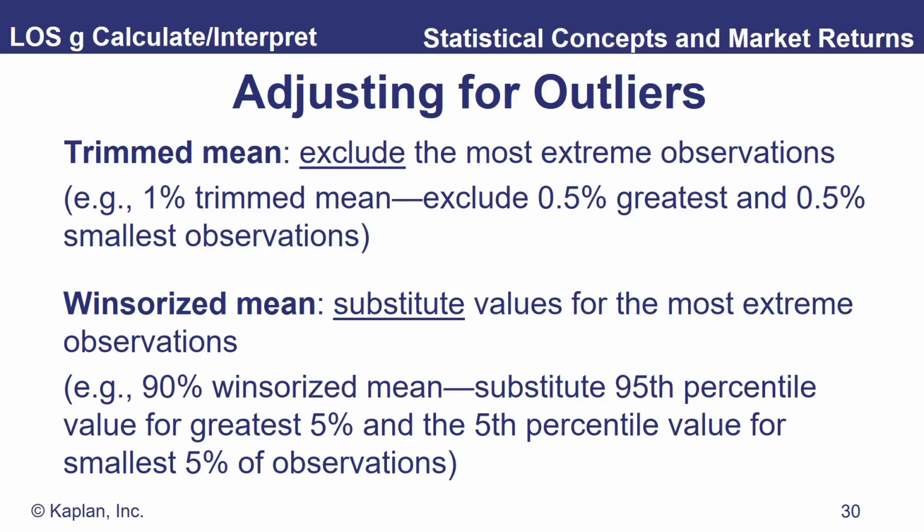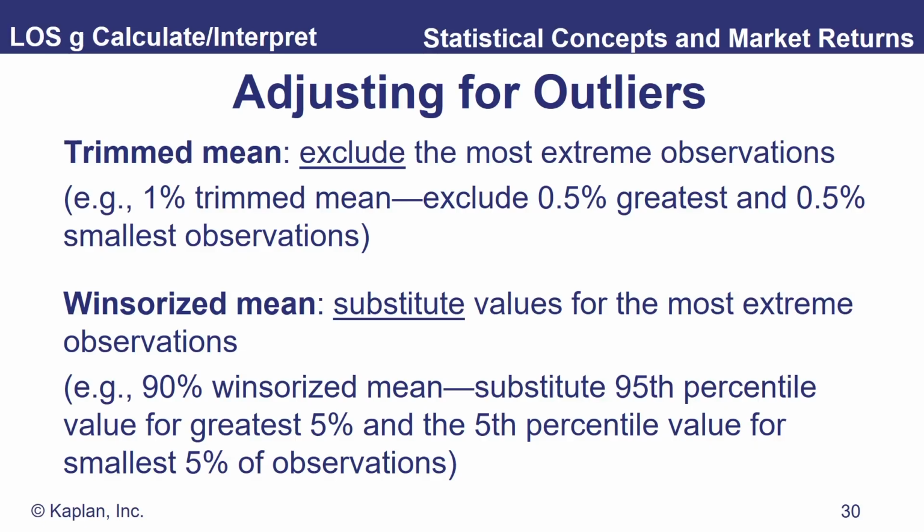So notice with a 1% trimmed mean, we're going to exclude 0.5% of the highest values and 0.5% of the smallest observations. Okay, so therefore, our mean comprises 99% of the observations, but not the biggest and not the smallest. Well, that's all very good, but that can lead, as we said, to bias. What happens if we've excluded values, okay, and they really do have significance? Well, we've ignored those values, so it could lead to a biased mean.